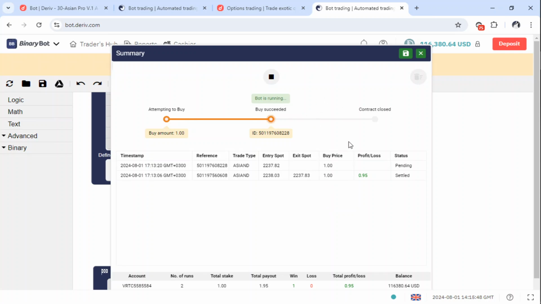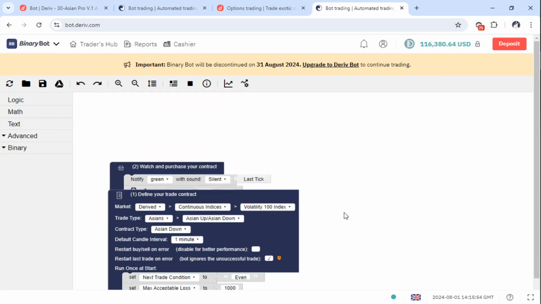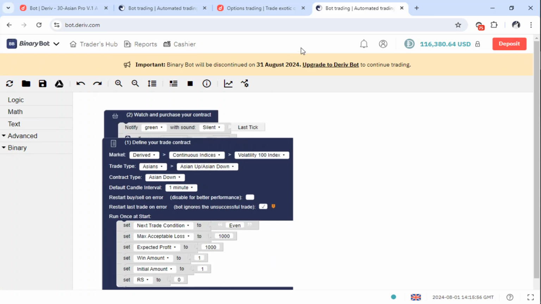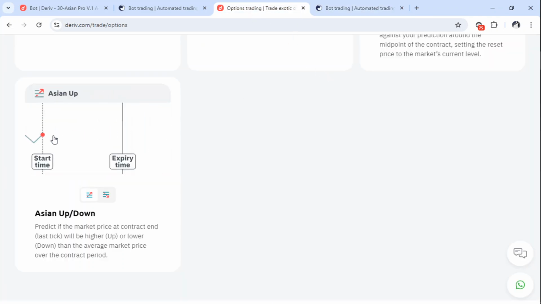So what are Asian up and Asian down? This is what it is. If you start here, and you say it is going to go up, the average should be more than the entry spot.